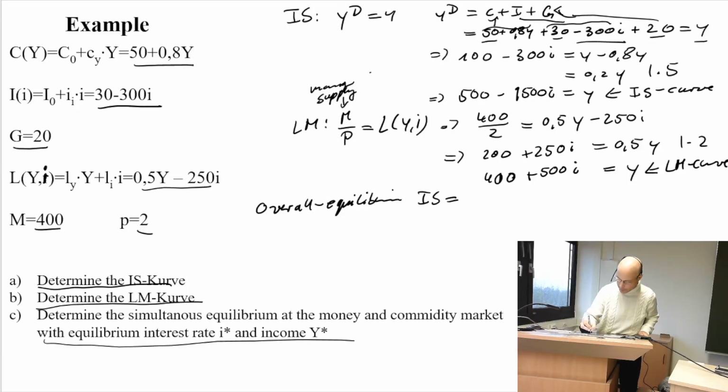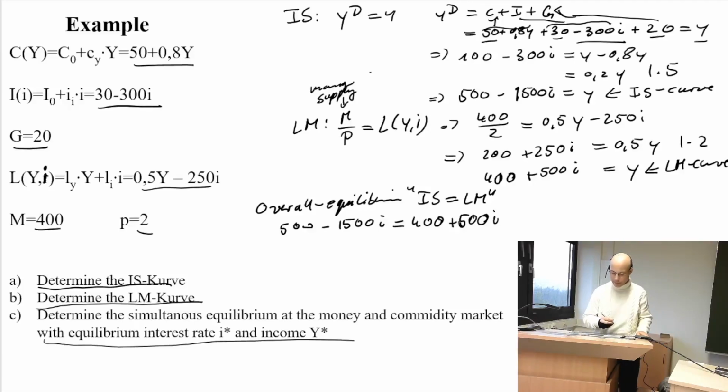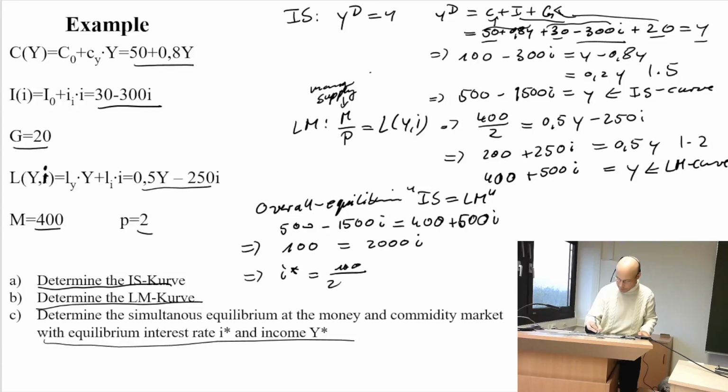So IS equals LM in quotation marks, and then we obtain 500 minus 1500i equals 400 plus 500i, and then we have 100 equals 2000i, so i star equals 100 over 2000, which is 5%.